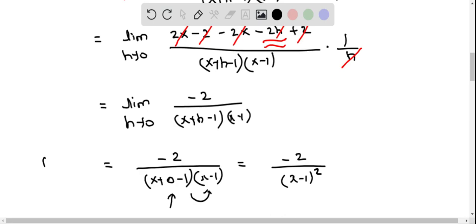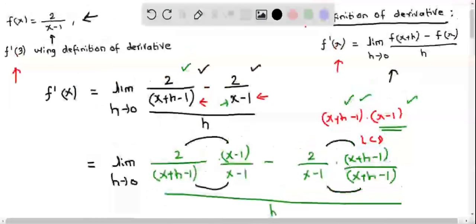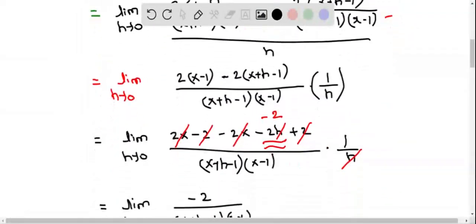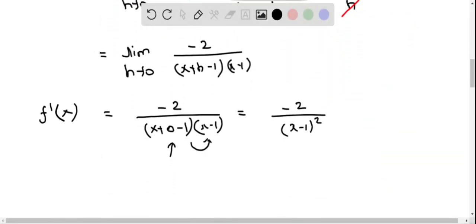So this basically represents f prime of x. However, we have to find f prime of 3, which means we have to replace x by 3. Since we got this expression for f prime of x, which is the derivative of f of x, now we find f prime of 3, which is the derivative of f of x evaluated at x equal to 3. So I'm going to replace x by 3 here and then simplify.